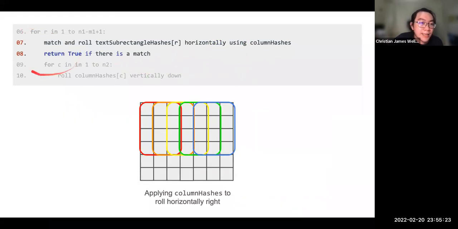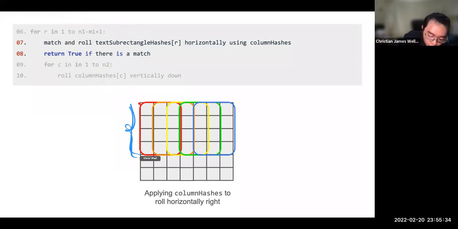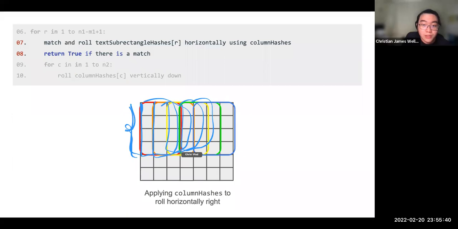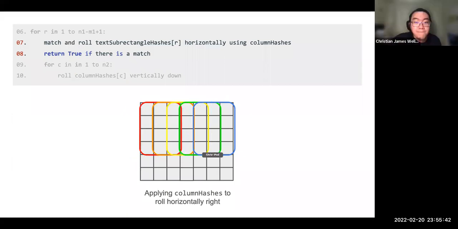And then the final part is the loop. Intuitively, we consider the first batch of rows first. Then in line 7, for everything, we roll horizontally to the right.